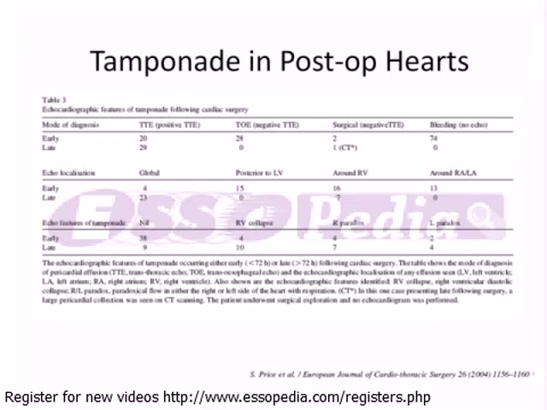Also, early tamponade tends to be more loculated, either posterior to the LV, around the RV, around the RA or LA, whereas in late tamponade, it's much more commonly global. And when we looked at those traditional echo features of the RV collapse and the change in inflow velocity in early post-op cardiac tamponade, usually none of these findings are seen, whereas in late tamponade, they appear to be more common.